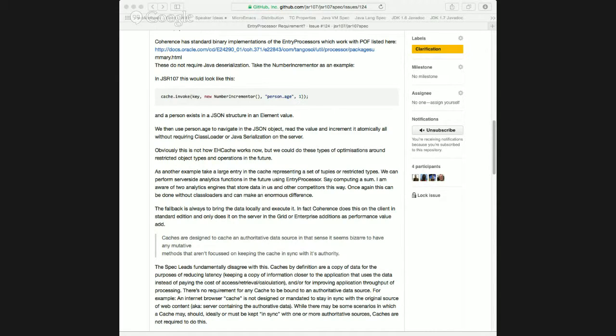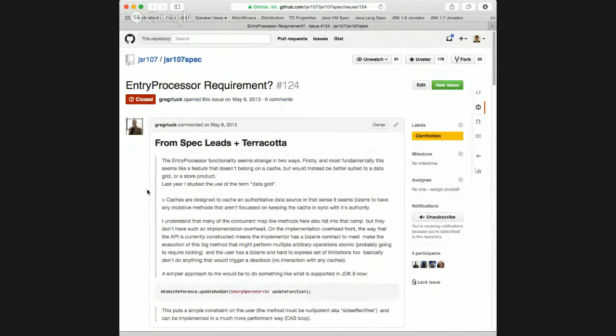Anyway, the other point of this initial issue was that even if you think that a general purpose compute method belongs on a cache, I don't think the one we've got is very good, because I think it's awkward to use and it's easy to break.